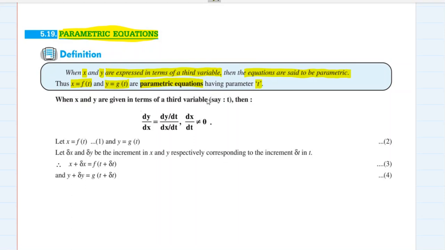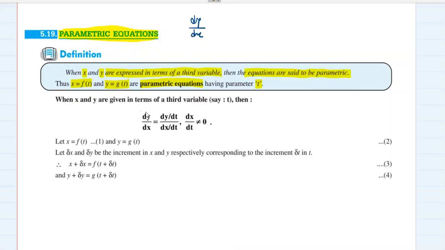And when you have a question where you have to differentiate a parametric equation, you use this simple relationship. Suppose you have got x in terms of t and y in terms of t, and you have to find dy by dx.